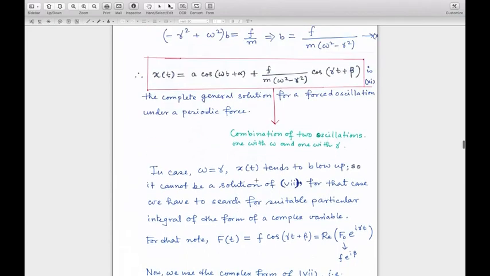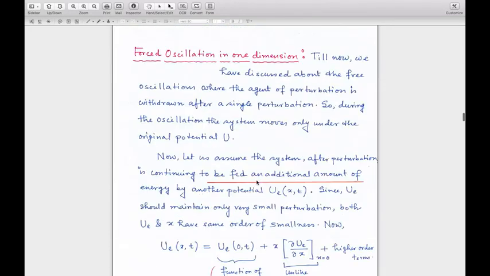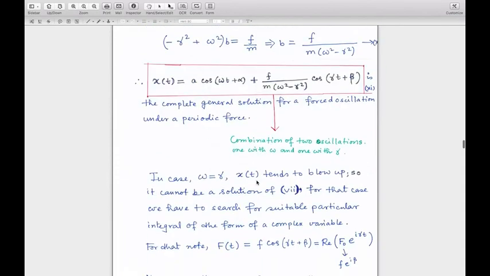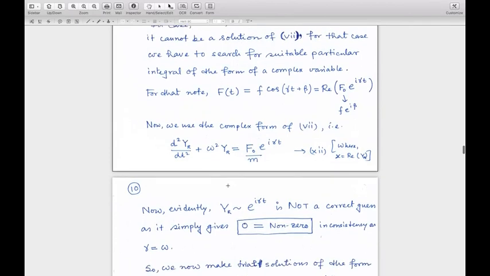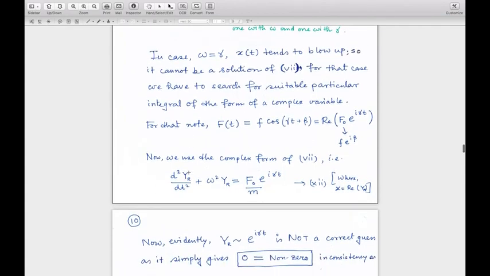So if you try to understand what y_r is: y_r is the part for the particular integral, where x is nothing but the real part of y_r. It is written just to say that this is the particular integral part and not the total general solution.